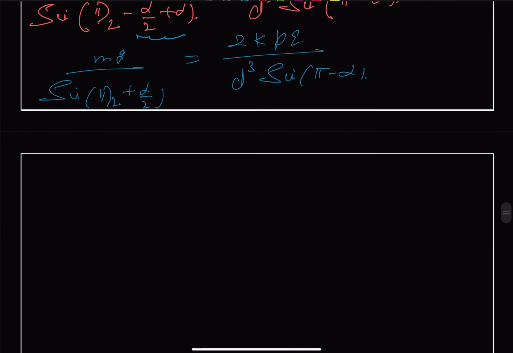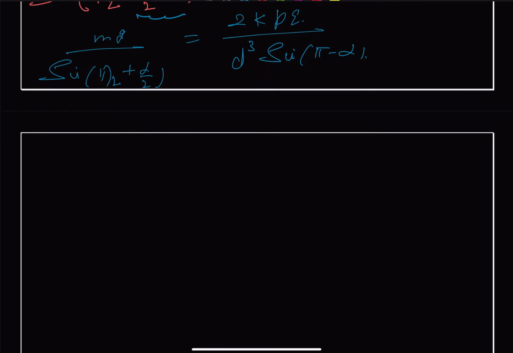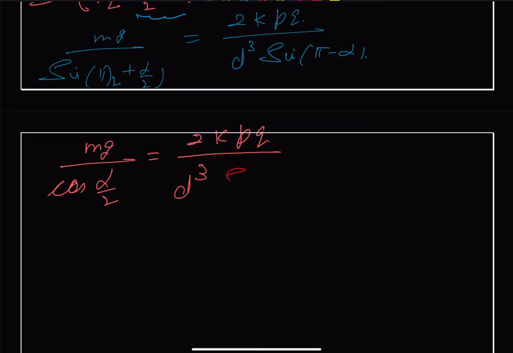Now we can use the trigonometric identity and change, because of this pi by 2 plus alpha by 2 and pi minus alpha. So this gives us mg divided by cos of alpha by 2 is equal to 2kpq by d cube sine of alpha.